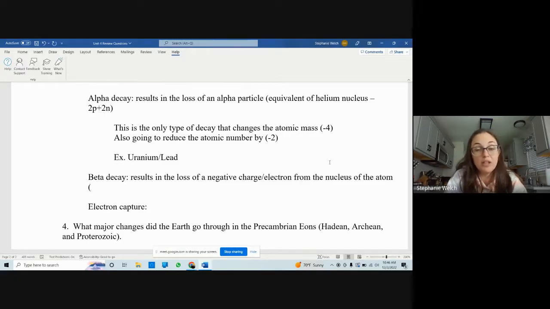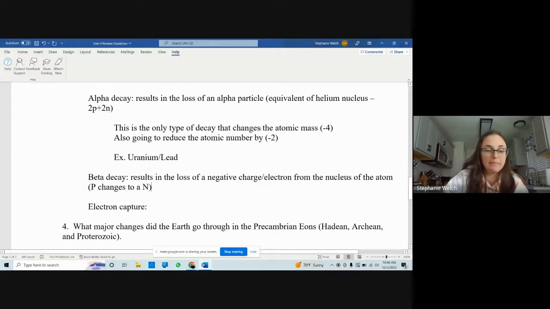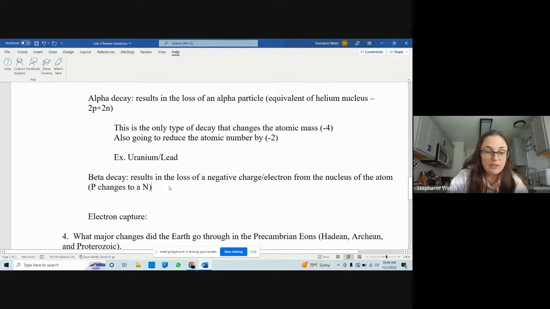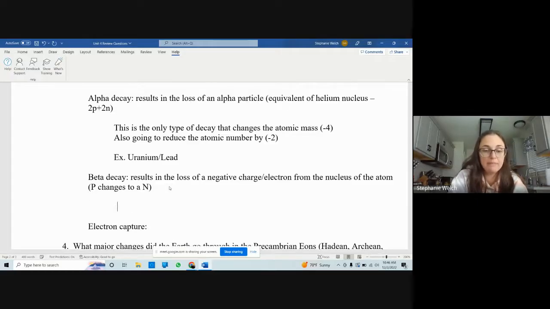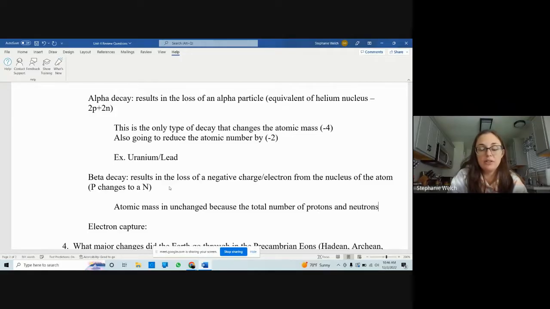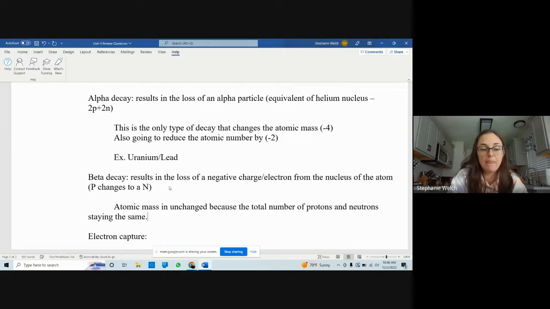So if you're losing negative charge, you're taking an existing proton and changing it to a neutron. And then this is why the atomic mass doesn't change. The reason this remains unchanged is because the total number of protons and neutrons stays the same.